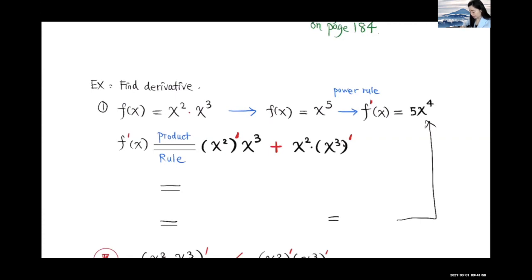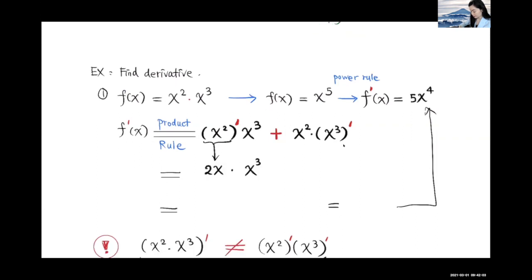Now times x cubed, and I'm adding x to the second power times, what's the derivative of x to the third power? 3x squared, right? You got it. So this will be 2x to the 4 power, adding 3x to the 4 power, which is 5x to the 4 power.